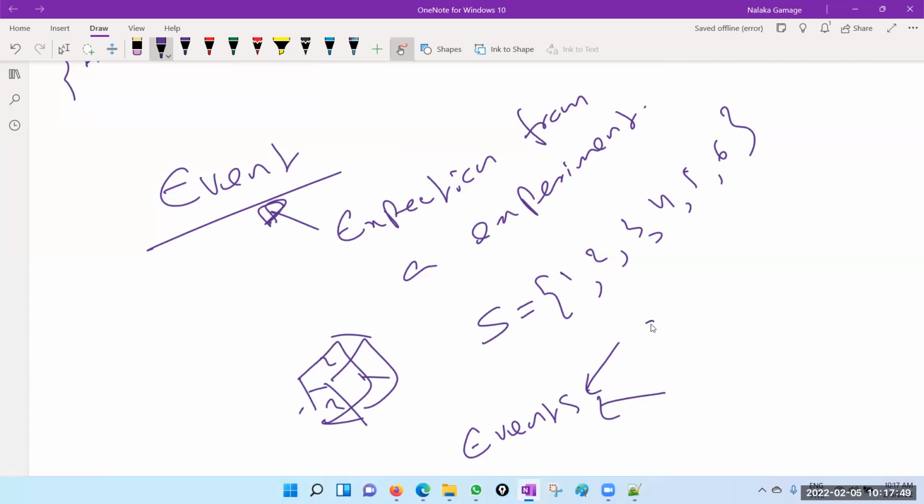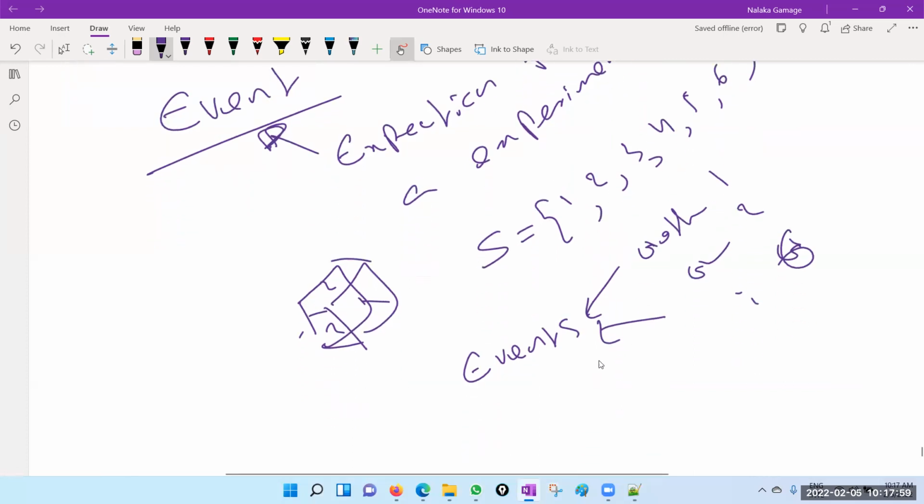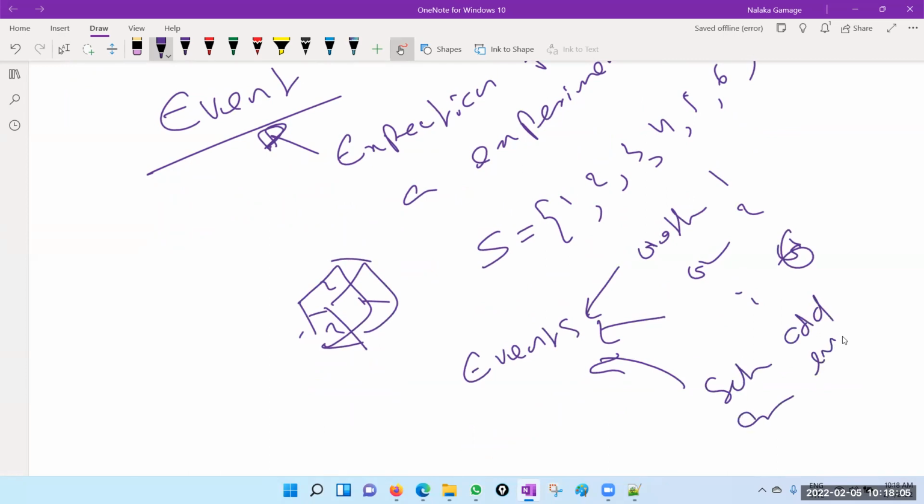Right? So say getting 1, getting 2, getting 6. Right? So those are 6 events from the 6 outcomes. So then there can be so many other. Getting odd number, getting even number, getting number less than 4, getting a perfect square like 4.